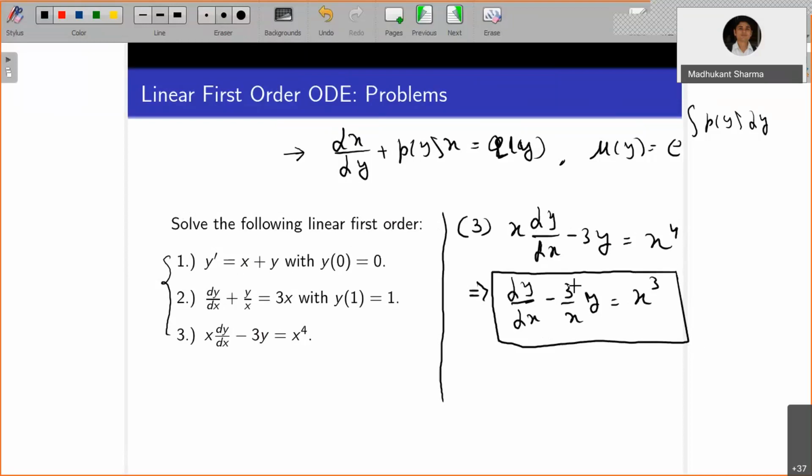This is an important step, you can say. Now if you compare, p of x is going to be minus 3 by x, and q of x is x cubed.